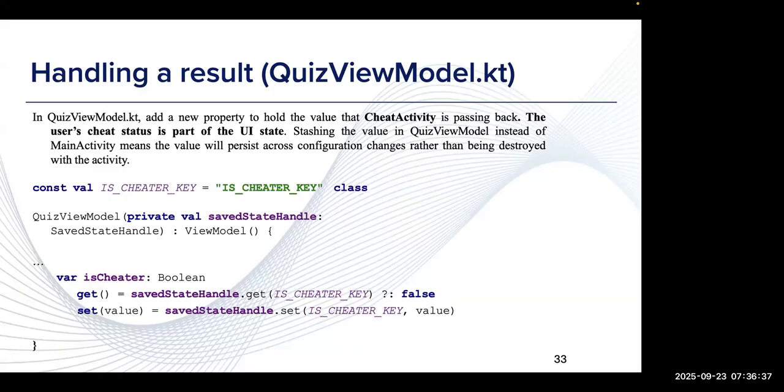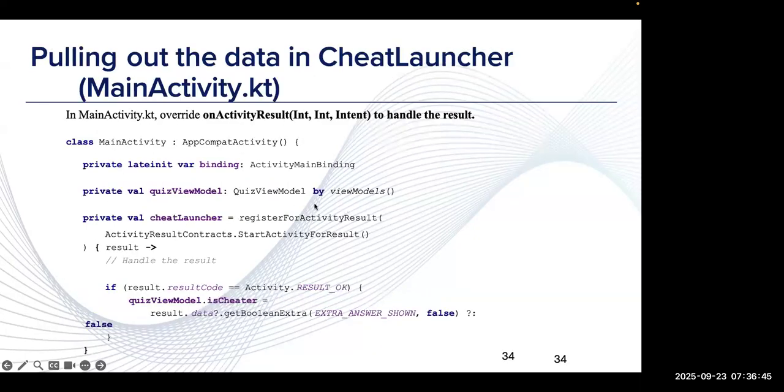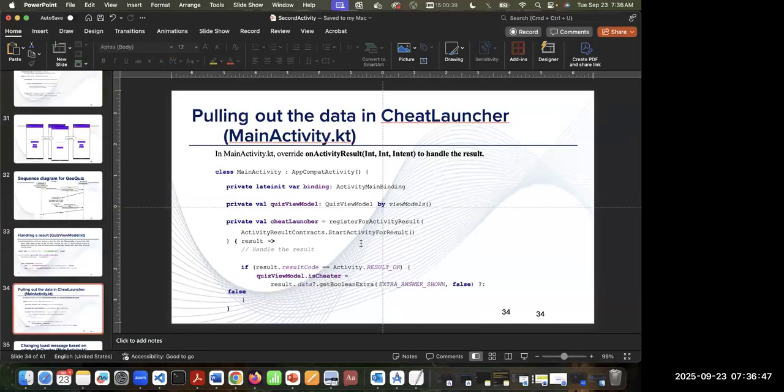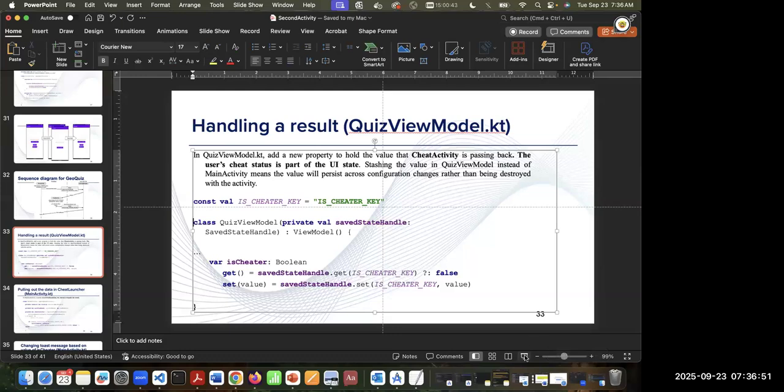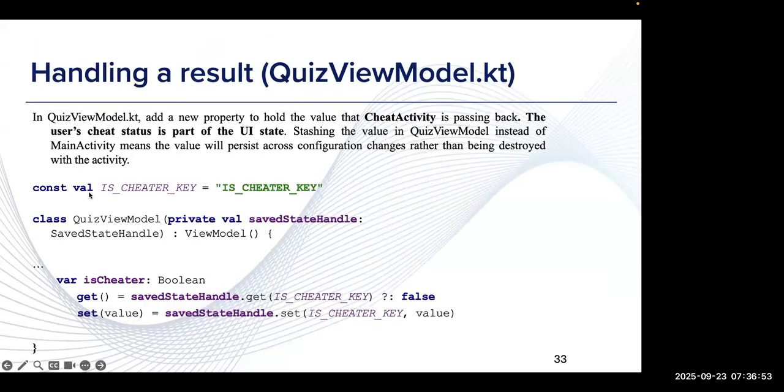So for the view model, we're going to be adding the constant value called is cheater key. Hold on, I need to fix this. Okay, so here we have the class, called the quiz view model, and we're just adding that variable, is the user a cheater?